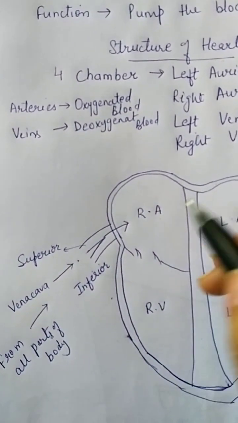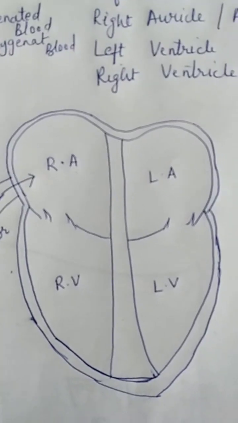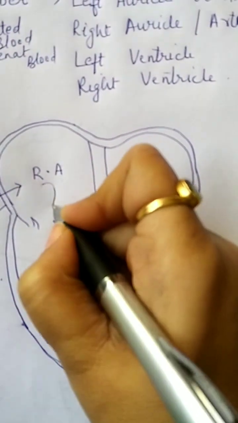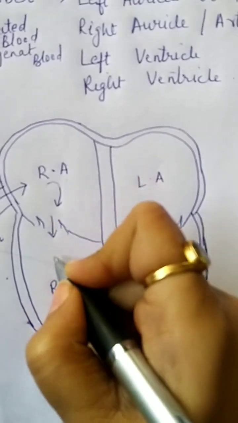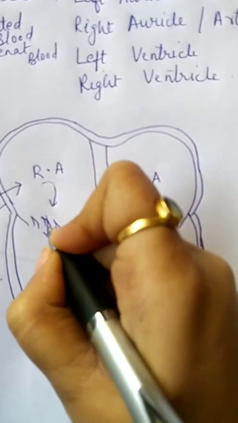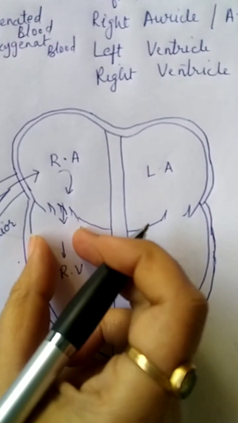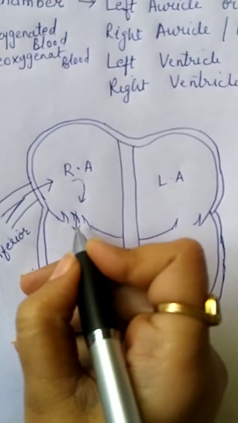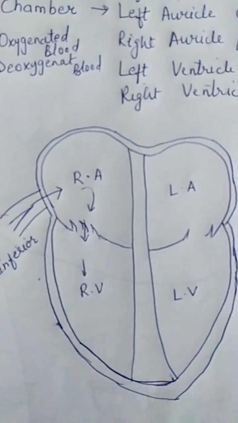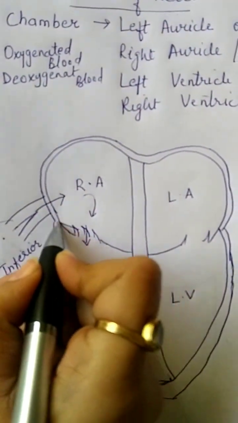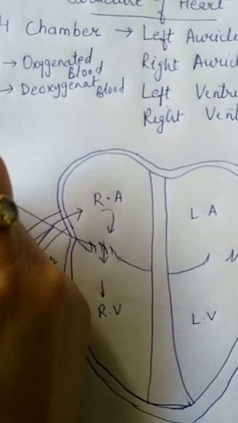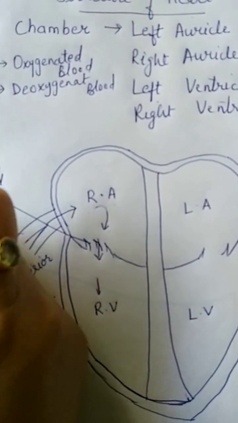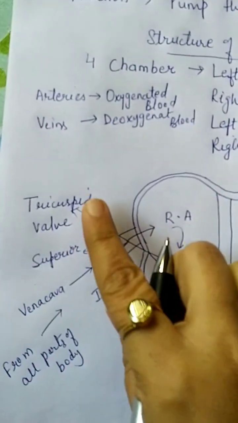Okay, so blood goes through superior and inferior vena cava to right atrium, and from right atrium, the blood flows to the right ventricle through valve opening, small opening in this muscular pathway. This is called as tricuspid valve.